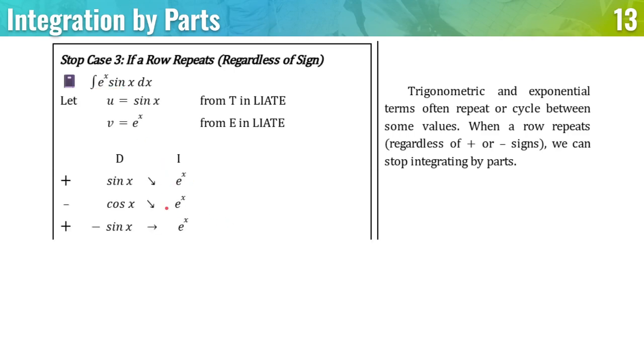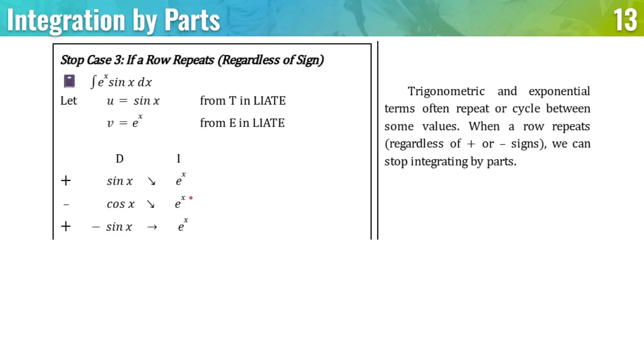So have you noticed when you integrate sine x, it's just going to go over and over again. Sine, cos, sine, cos, sine, cos. With the only difference being the negative sign coming from the cosine. Now for the I column, we have e raised to the x.